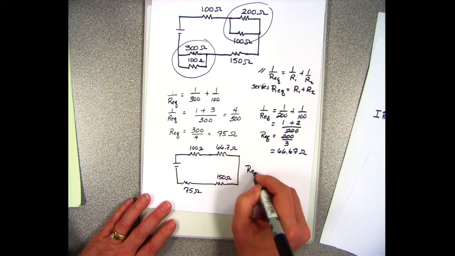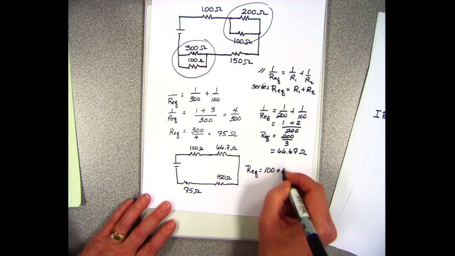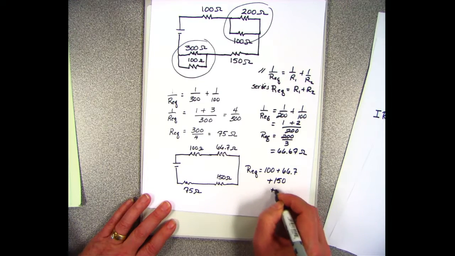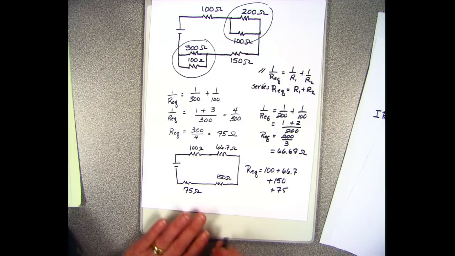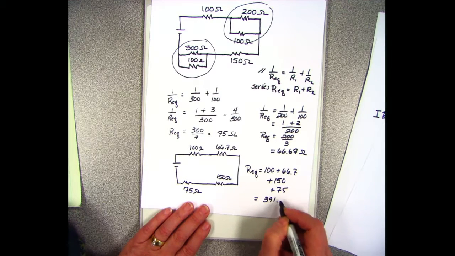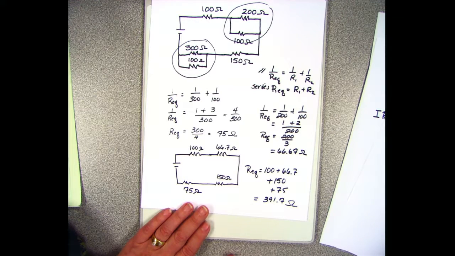Now my REQ is just going to add them up because they're all in series. So I get my 100 plus my 66.7 plus my 150 plus my 75, which gives me 391.7 ohms. So that's the equivalent resistance.